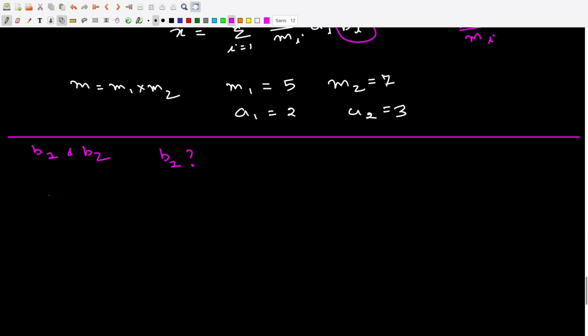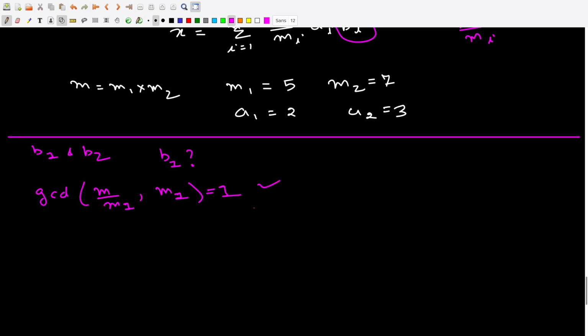In order to find b1, we know that the GCD of M upon m1 comma m1 is 1. I have done a video wherein I talked in detail about the proof of the Chinese remainder theorem. If you are confused about why the GCD is 1, please refer to that video.